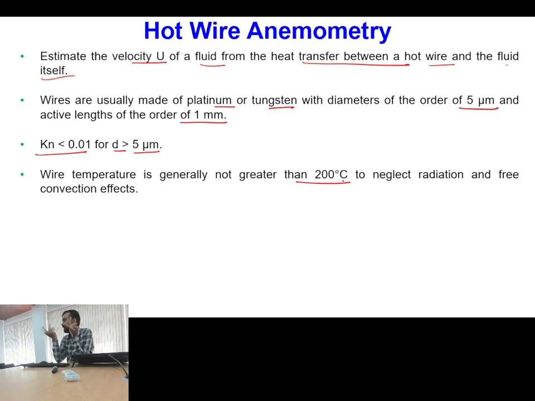Conduction will be there by default, and majorly we want the phenomenon to be forced convection dominant. That's why temperature is kept low, because at high temperatures there can be significant changes in the density of the fluid medium, which may invoke natural convection effects along with the forced convection effects, and there will be an increase in uncertainty. And the second phenomenon, radiation, can also become important. So if your temperature is less than 200 degrees Celsius, then radiation and free convection effects can be neglected with sufficient accuracy.